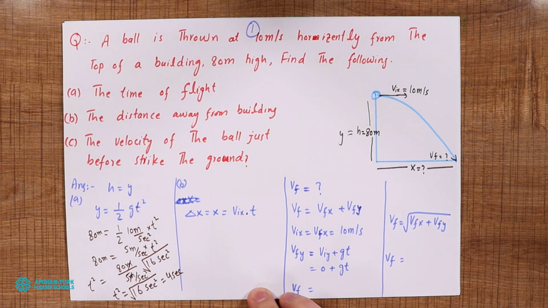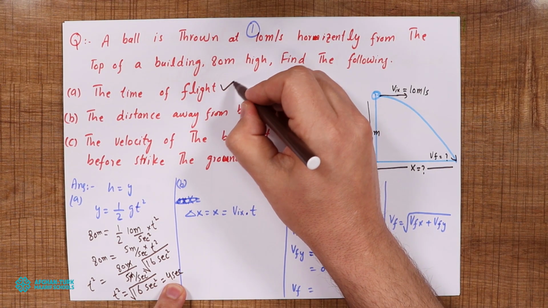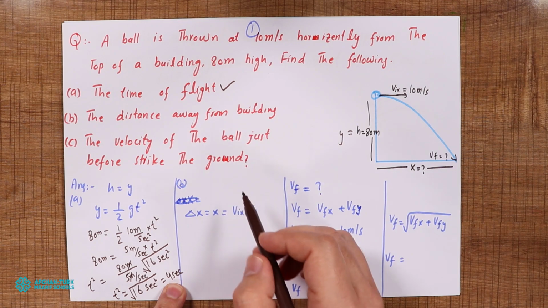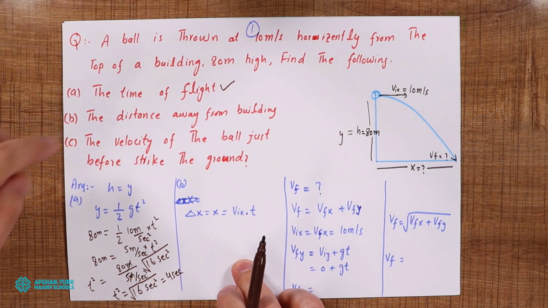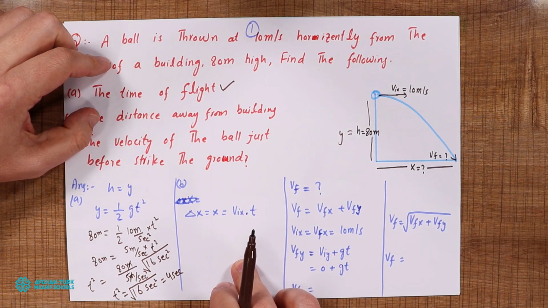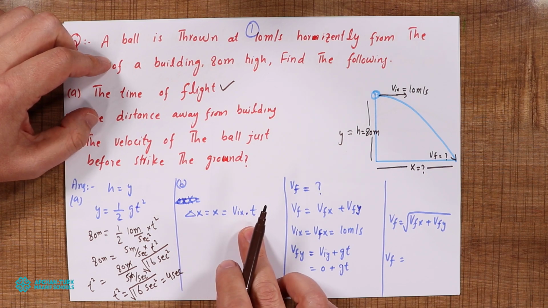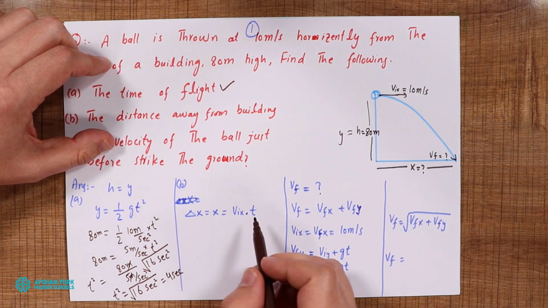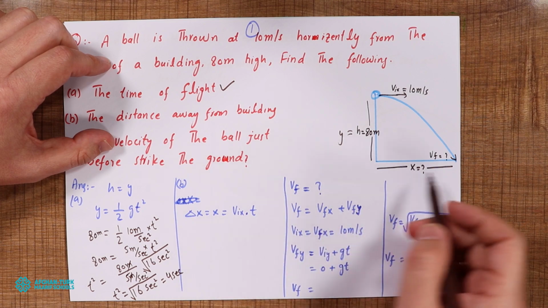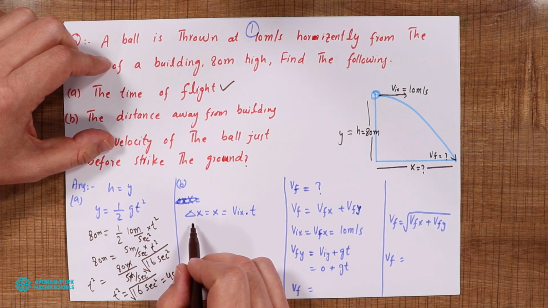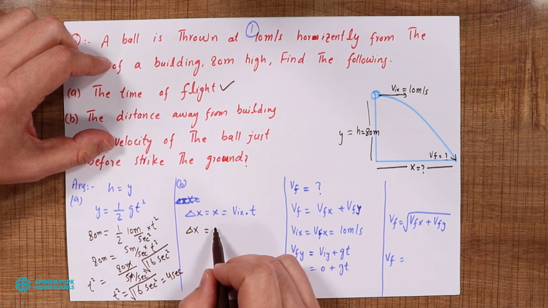Okay, the first part, part a, is finished. Sorry, we already found the time. Now we are going to find the displacement, meaning the range. From the special case, we already derived this formula: delta x is equal to vix times t.